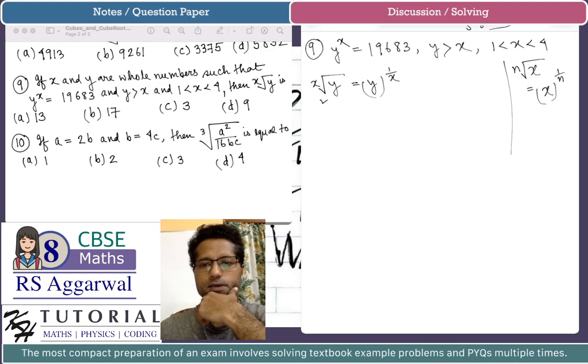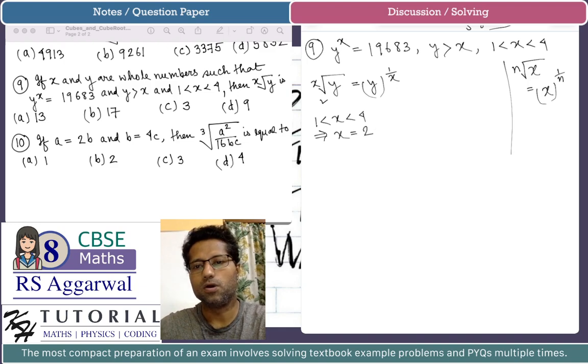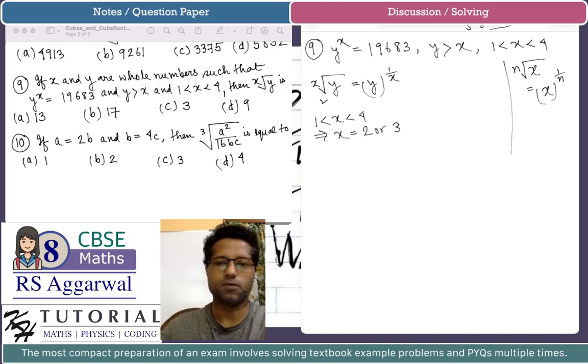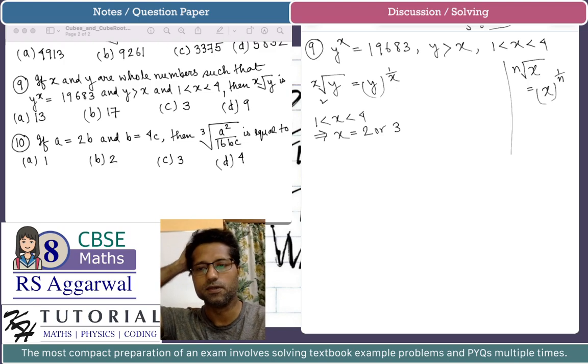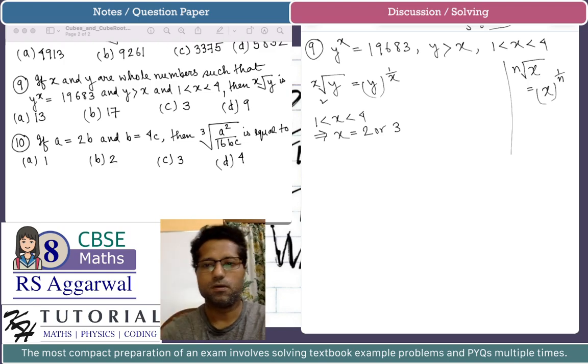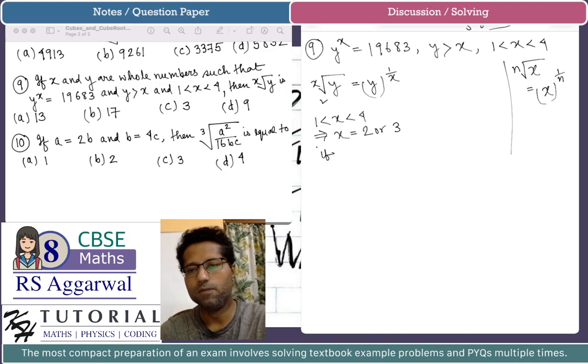The fact that x lies between 1 and 4 implies that x can be 2 or 3. The only possibilities of values of x are 2 or 3.